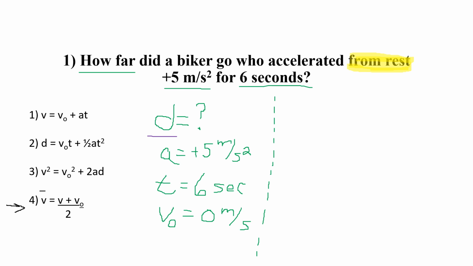Could I use equation 1? Well, equation 1 has a v, v0, a, and t. Equation 1 doesn't even have the variable distance in it. As a result, I know that I can't solve for distance if distance isn't in the equation. I cannot use equation 1 to solve for the distance.